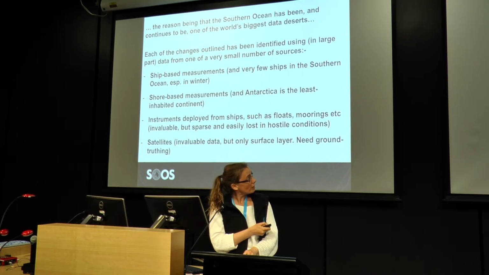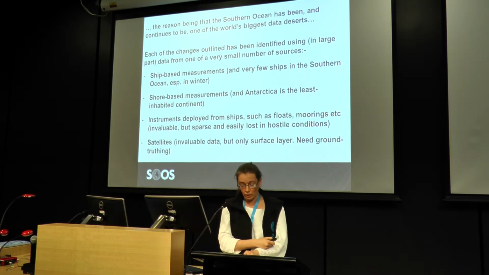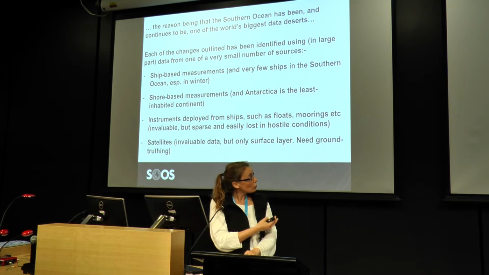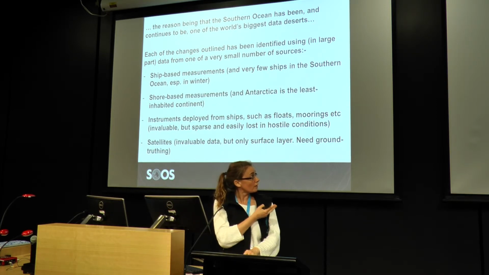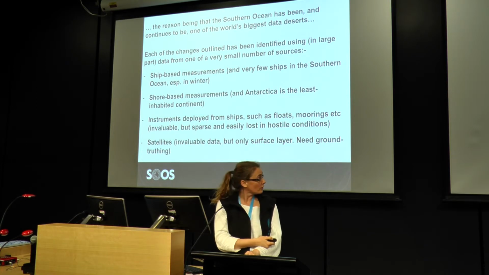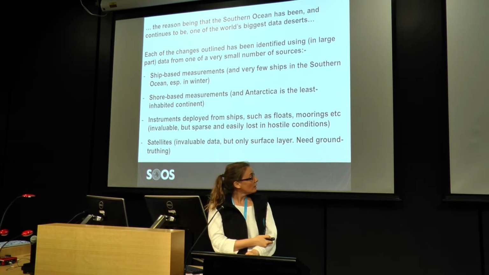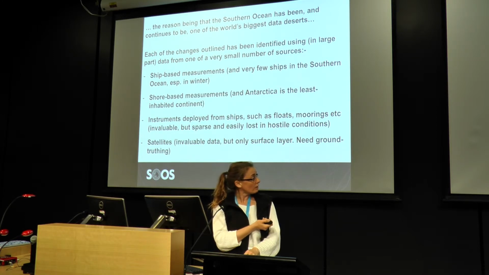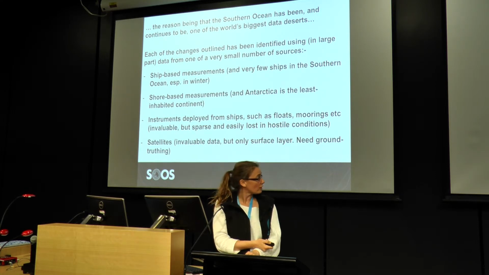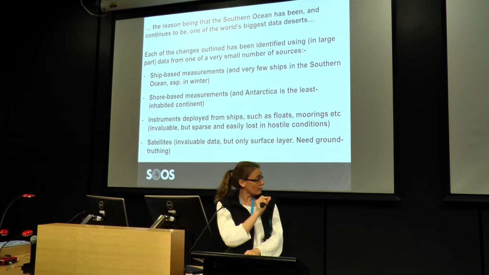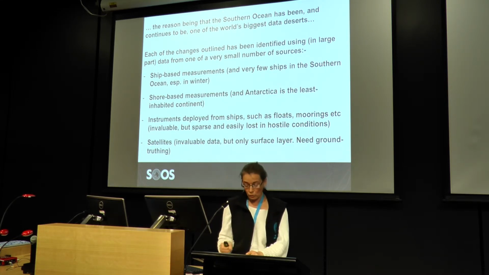Ship-based measurements, and there are very few ships in the Southern Ocean, especially in winter, or shore-based measurements, and Antarctica is the least inhabited of all the continents, especially in winter. Instruments deployed from ships, such as floats, moorings, etc., are invaluable, but they are sparse and easily lost in these hostile conditions. And satellites are also invaluable, but they only measure the very surface layer, and they need ground truthing.